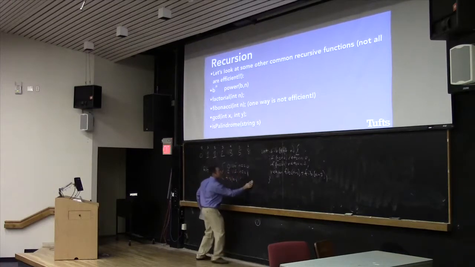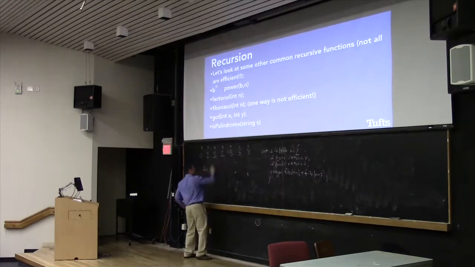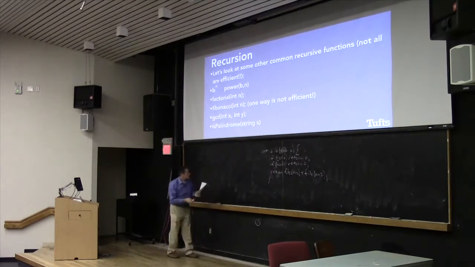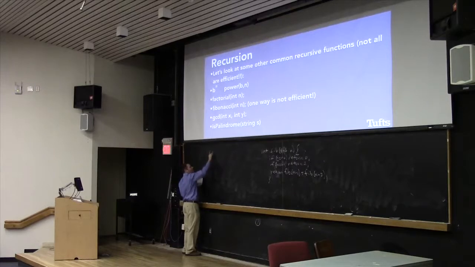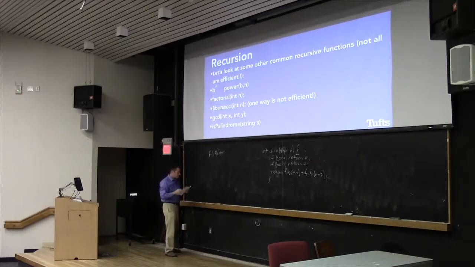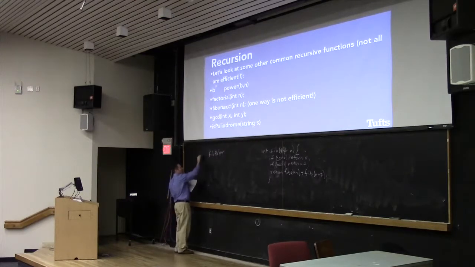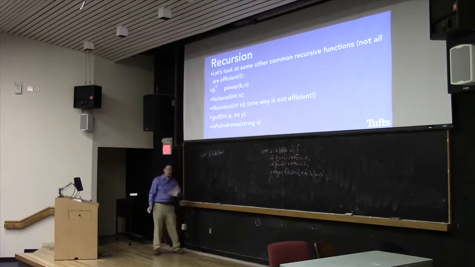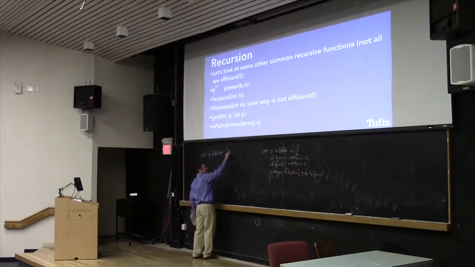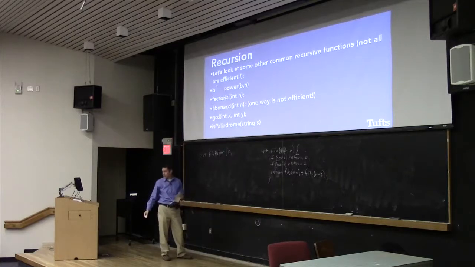So here's what we're going to do. We're going to write what I'm going to call fib helper. Fib helper is also going to return an integer, except it's going to take 3 different values. It's going to take n, which is the same n as before.